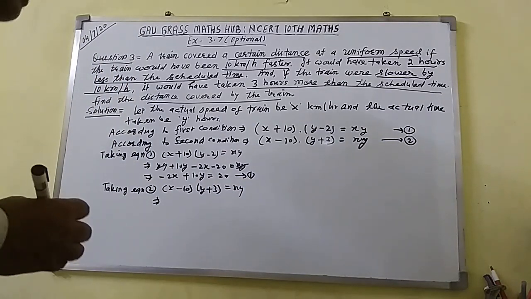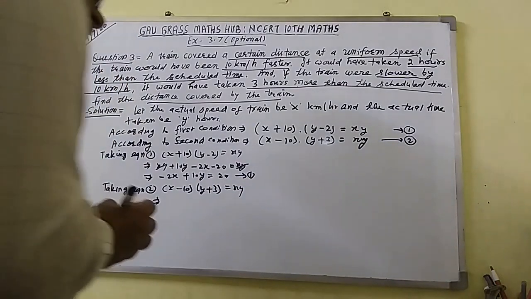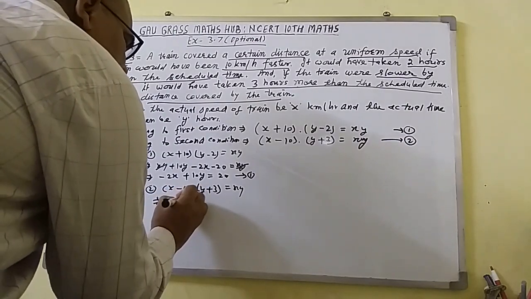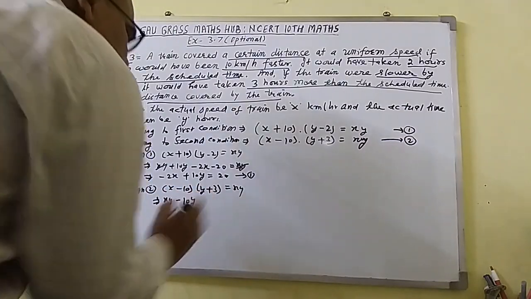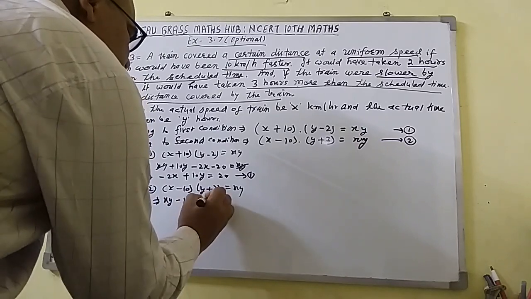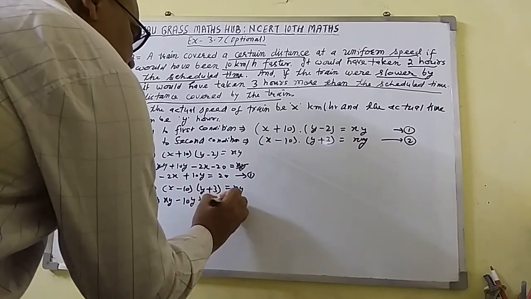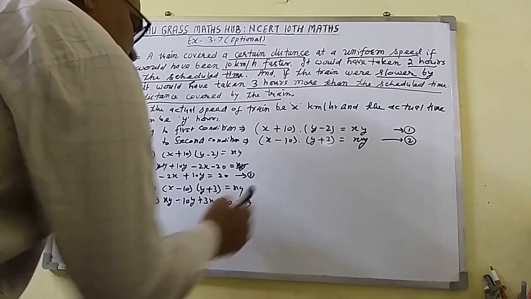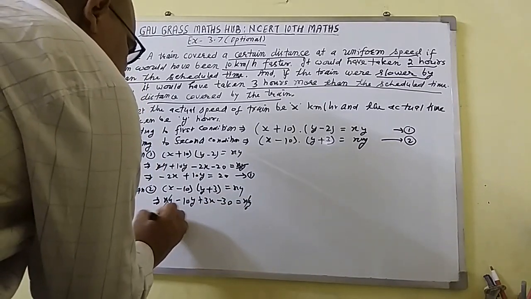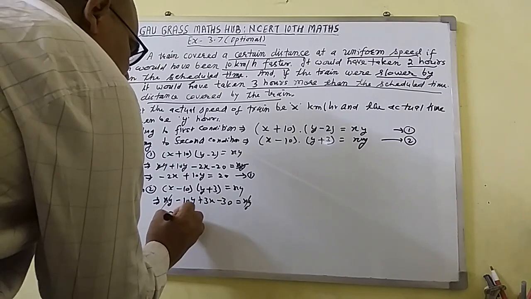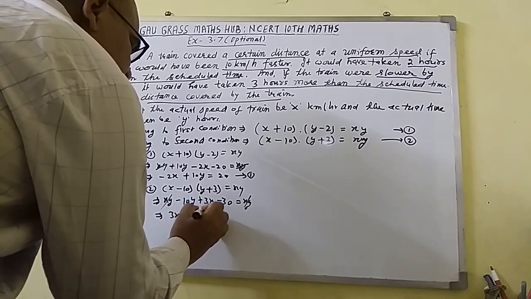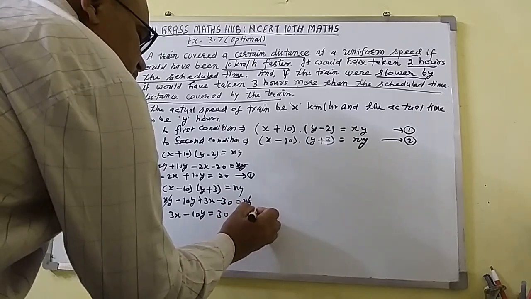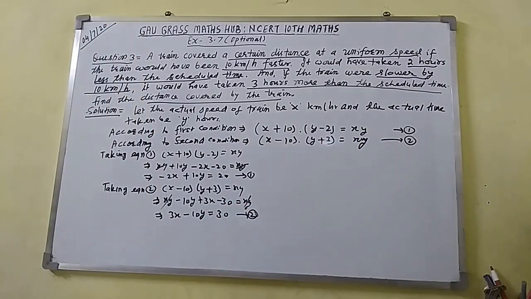Now things will get multiplied. xy minus 10y plus 3x minus 30 equal to xy. Here xy will be cancelled. This implies that 3x minus 10y equal to 30. This will become equation number 2.